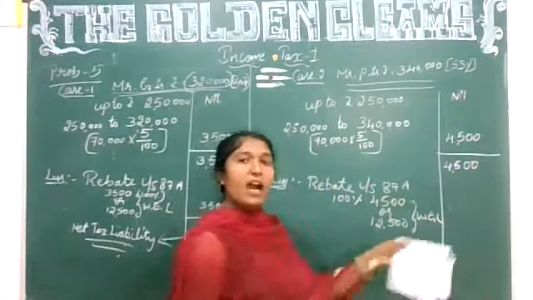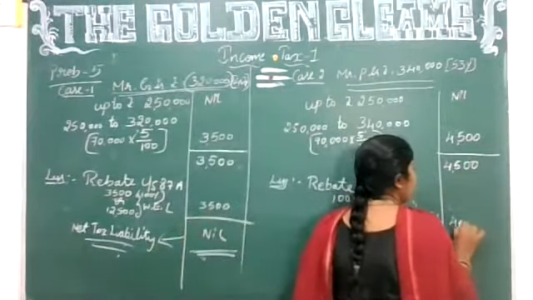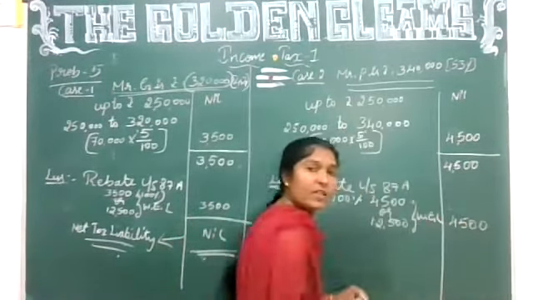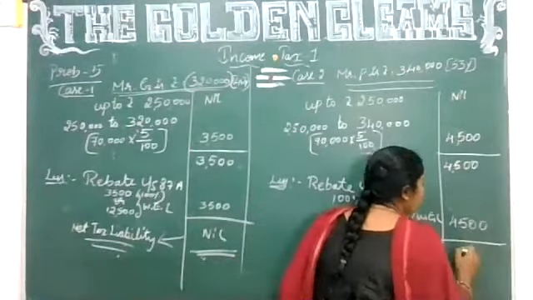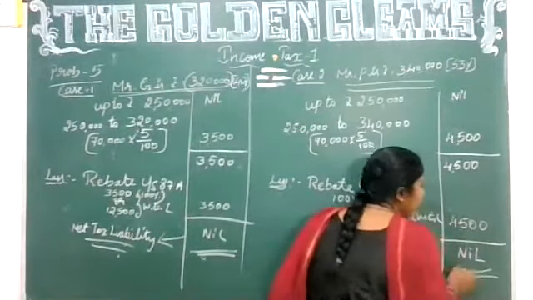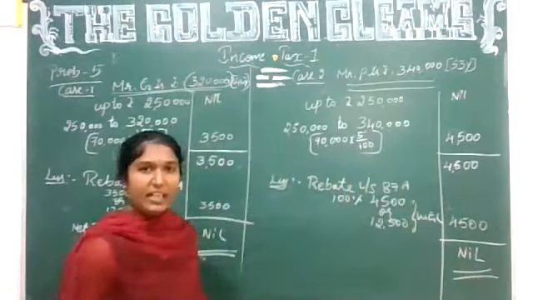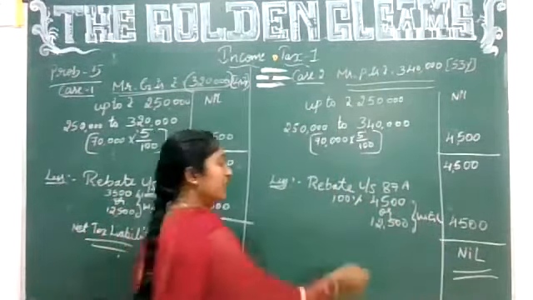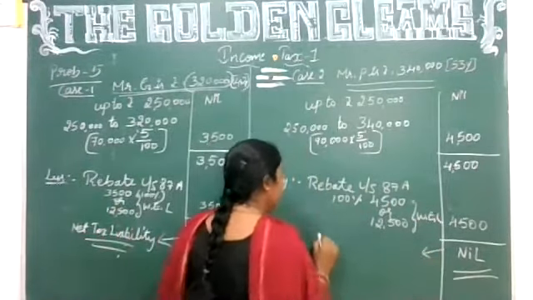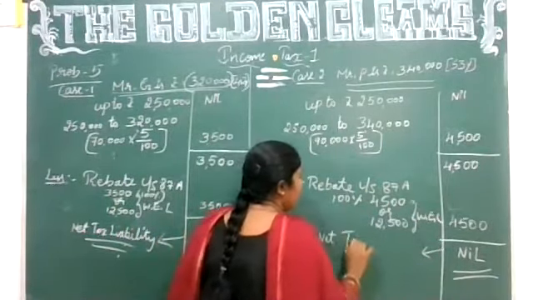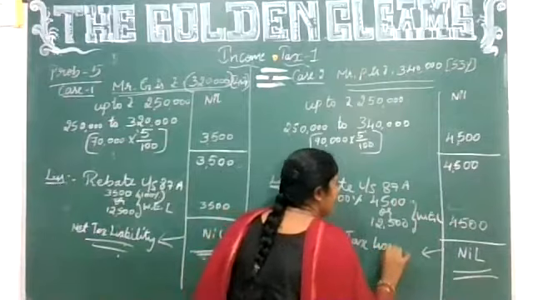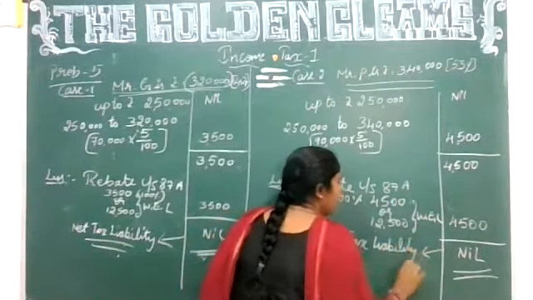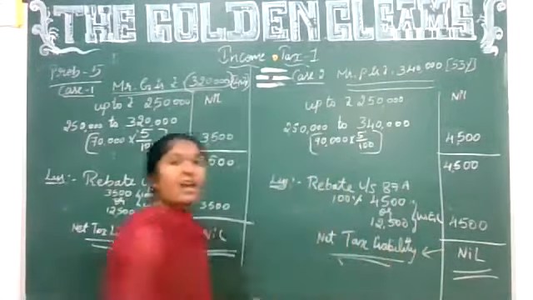Of these two, we take the lesser amount, that is 4,500 only. The total is nil after deducting. The nil amount is the net tax liability. This is the answer.